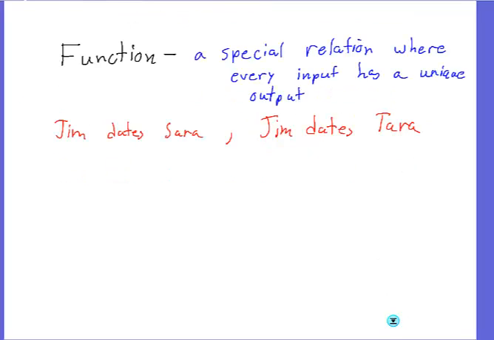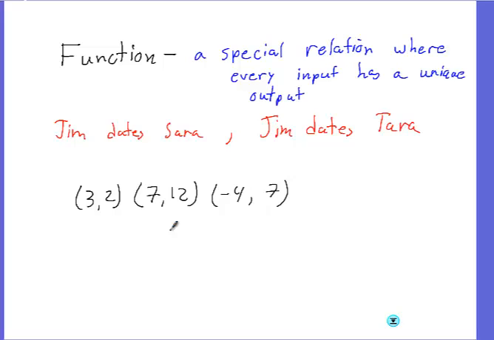All right? So let's look at a mathematical example. So we have (3, 2), (7, 12), (-4, 7). We know that this is a relation because it's a set of ordered pairs. What I want to know is this a function?